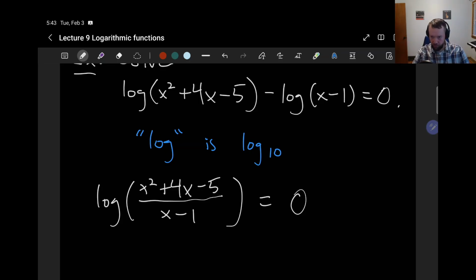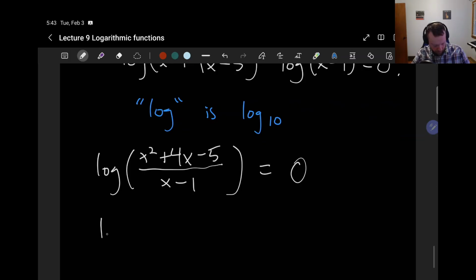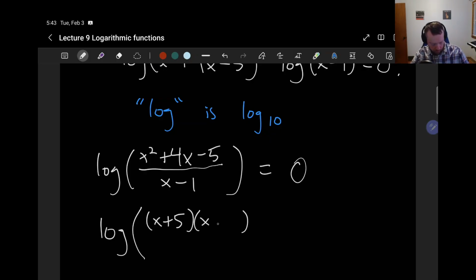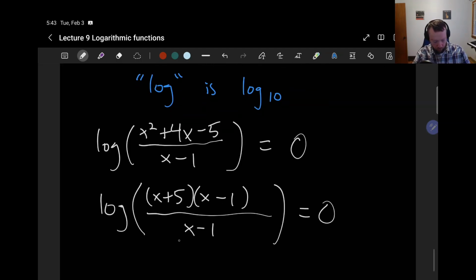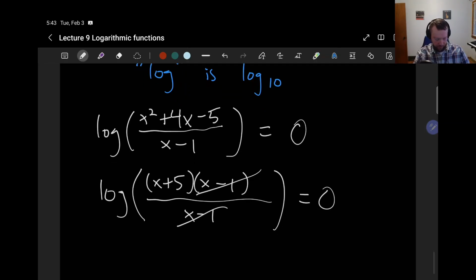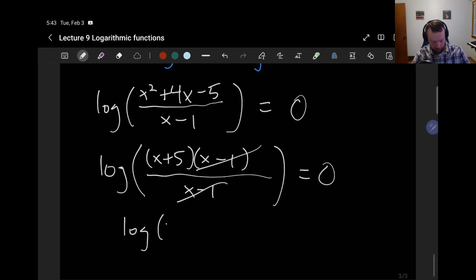Now I can further simplify this by reducing, if I factor that numerator, that's x plus 5 times x minus 1. We'll notice that the x minus 1 factors cancel, which means I'm left with just log of x plus 5.